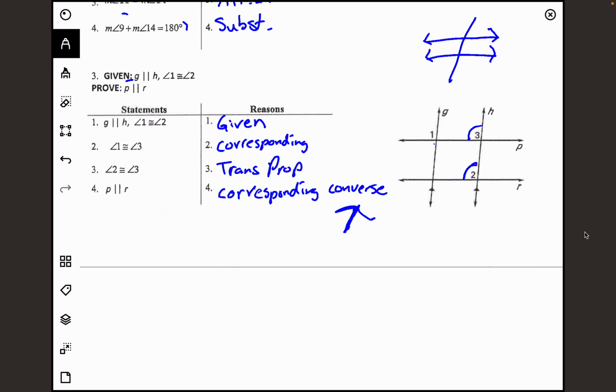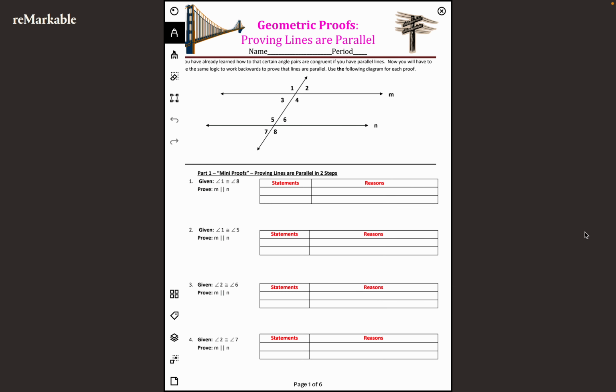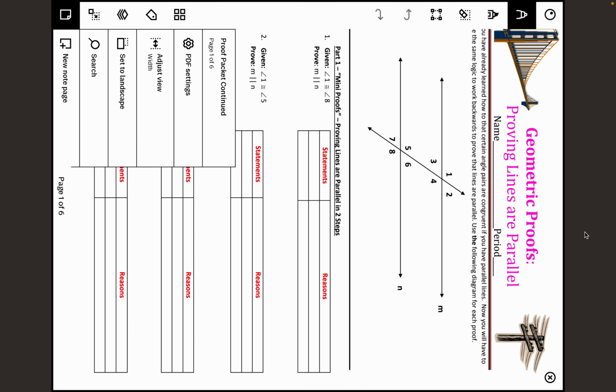Flip to your 5th page. Did yours print off in color? Okay, no. Flip to the one that has a bridge. It says geometric proofs proving lines are parallel. It should look just like this. I have it on the screen now.